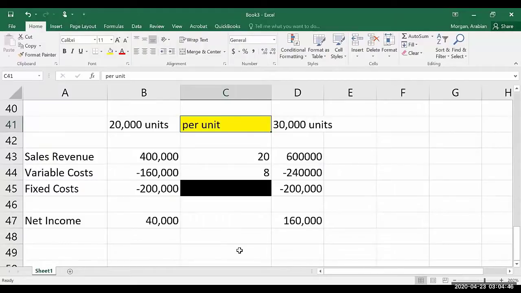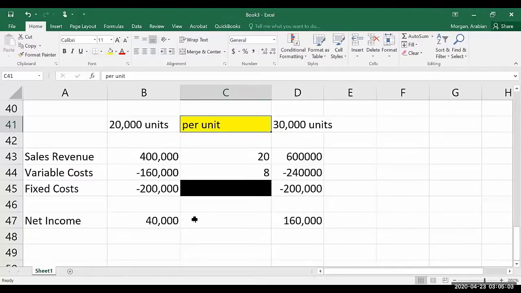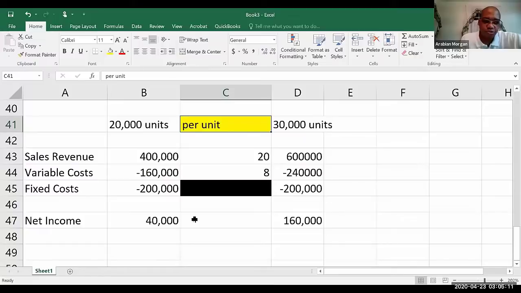Yes. What is the role of the 20,000 units in the first part? Why did the question give us 20,000 units? Oh no, we do use 20,000 units.